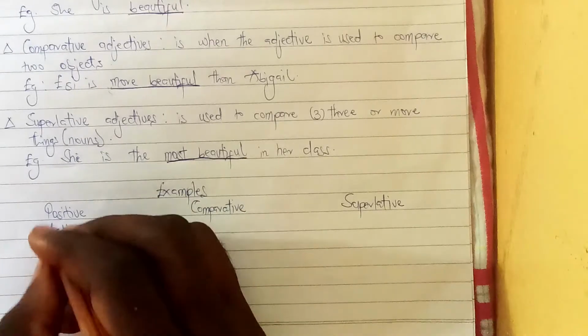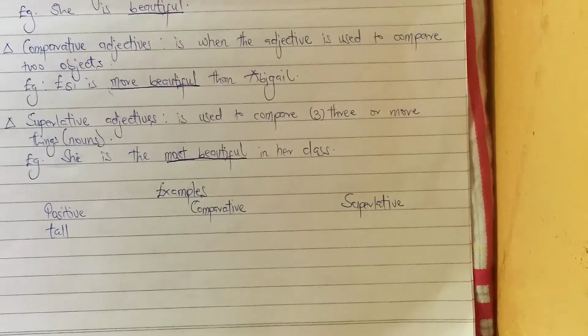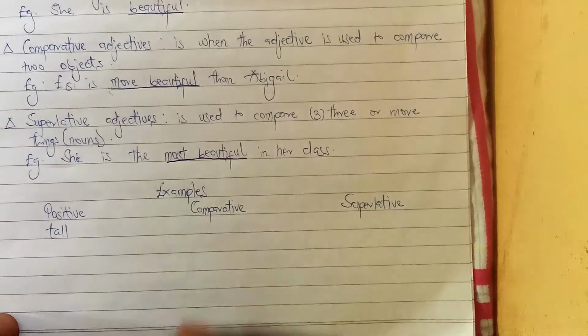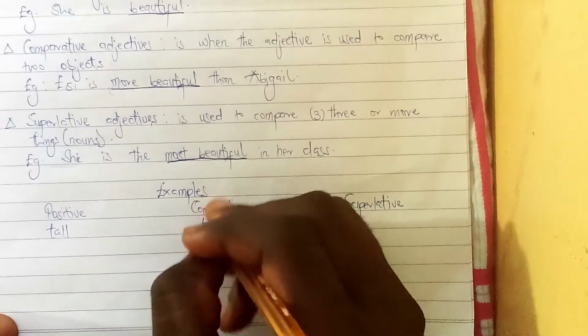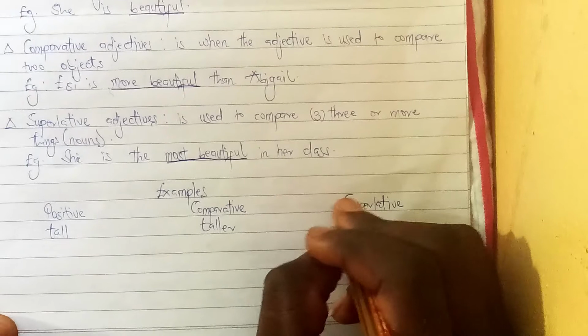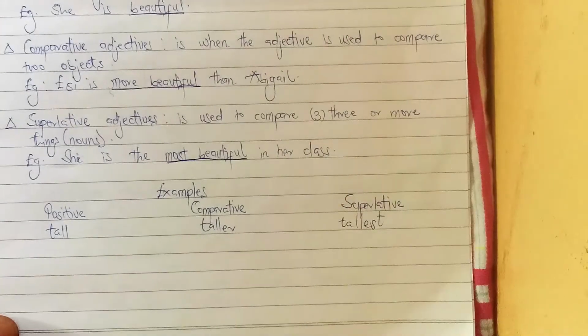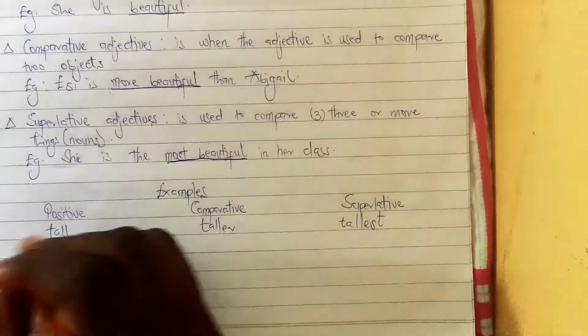First example, tall. Because tall has only one syllable, if you want to change it to the comparative form, it becomes taller, and to the superlative it becomes tallest. Another example, we can have strong.